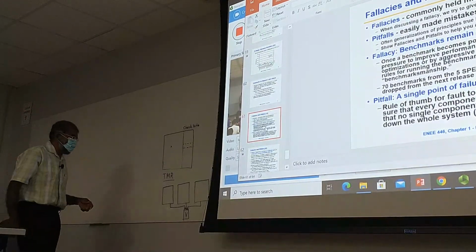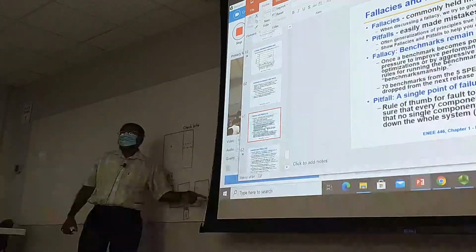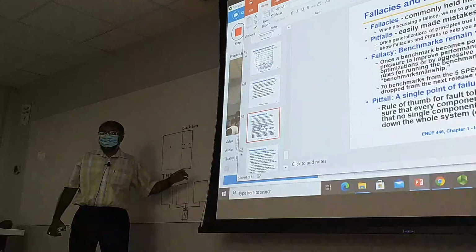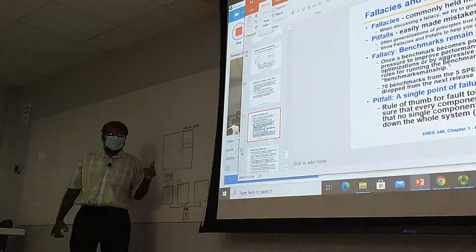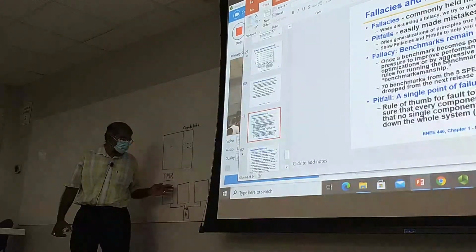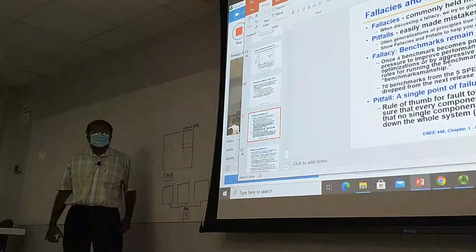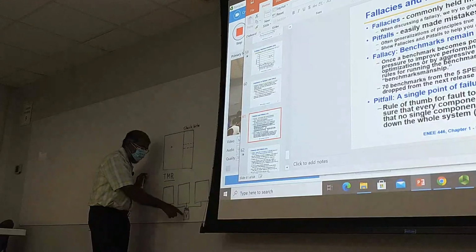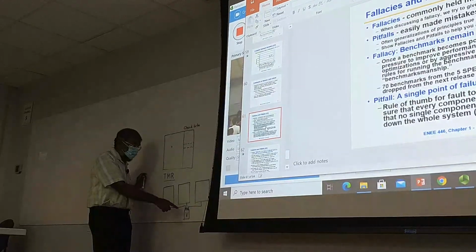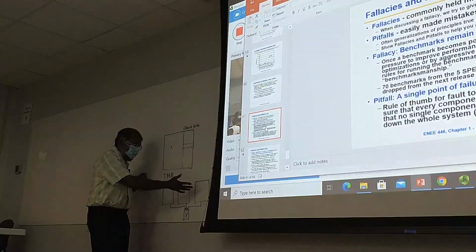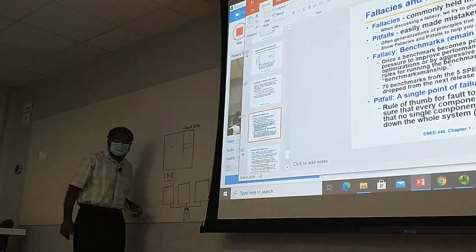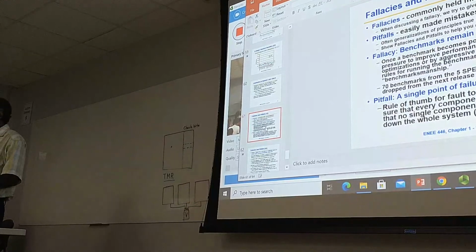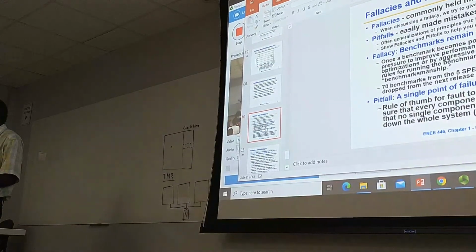And there are even 5-way redundancy too. So 5 and then choosing the majority would be 3. I mean, you want to have an odd number, but this is a single point of failure, right? I mean, if this is all working fine, but the voter has a problem, then everything is going to be wrong.